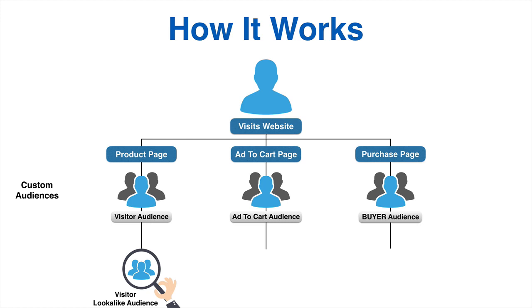Now, fewer people are going to visit your website that are actually going to add a product to cart, because you have a lot of just curious shoppers. They go into the store, but they don't actually ever put anything in their shopping cart. So you can create a lookalike audience off of your add to cart audiences.